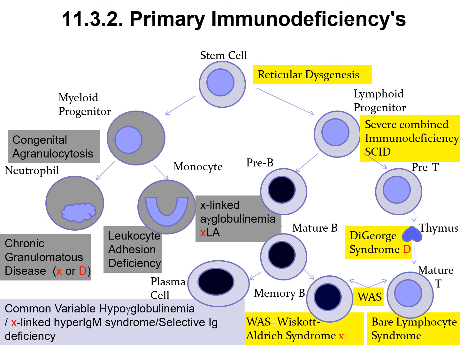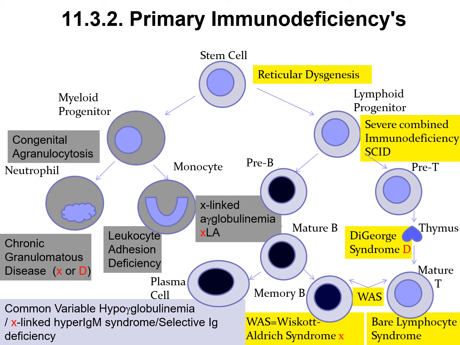When it affects the thymus, that's DiGeorge syndrome, and then Wiskott-Aldrich disease, and bare lymphocyte syndrome, and it affects the lymphocyte or the memory B cells. Right, so for the myeloid progenitor, it can be congenital agranulocytosis affecting the source of all the WBCs.